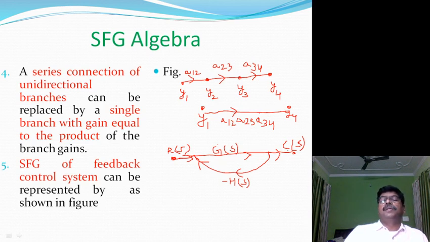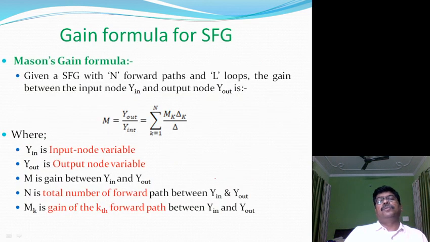So C(s) is output, R(s) is input, G(s) is the forward path gain, H(s) is the feedback path gain. Having polarity -1 means negative feedback system. So this can be represented like this. In place of blocks we can simply write G(s). Here in place of block H(s) we can write simply -H(s). So these are the 5 basic rules.